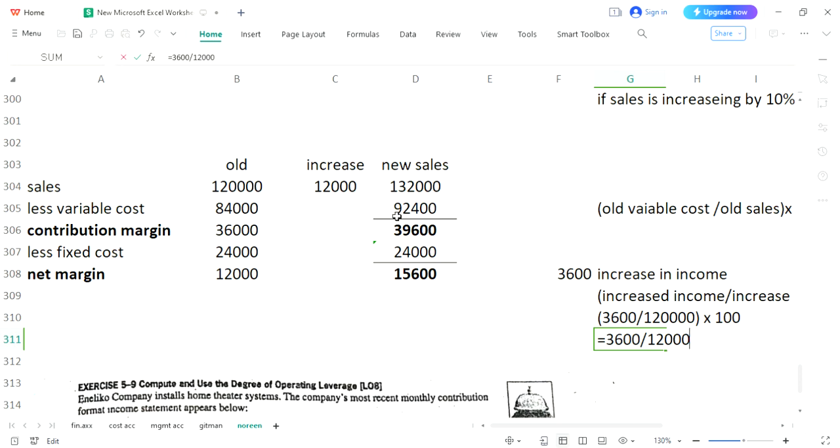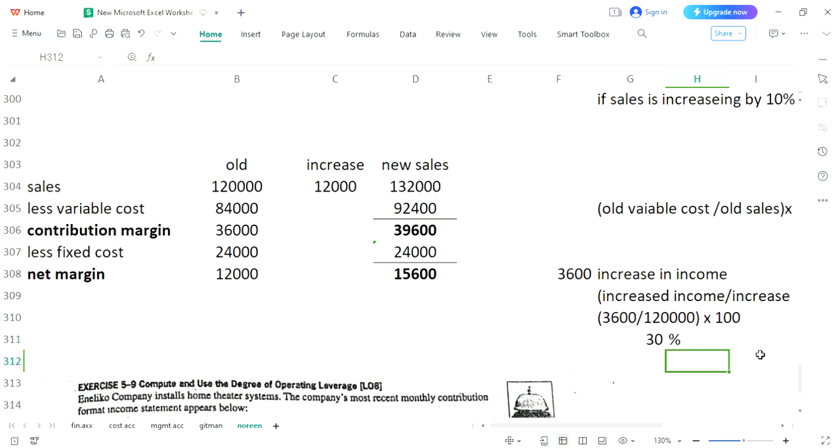By increasing 12,000, how much has our profit been increased? We will see it by putting brackets here and then multiplying it with 100. So here you have calculated 30%, which is actually your percentage.